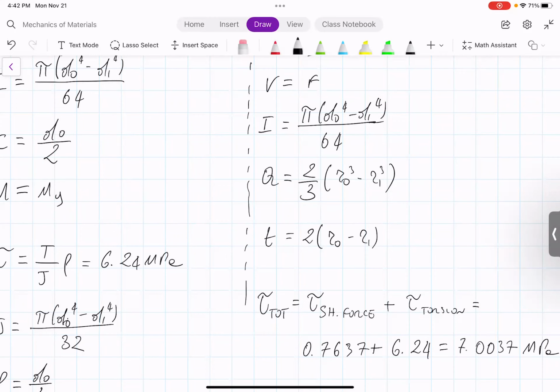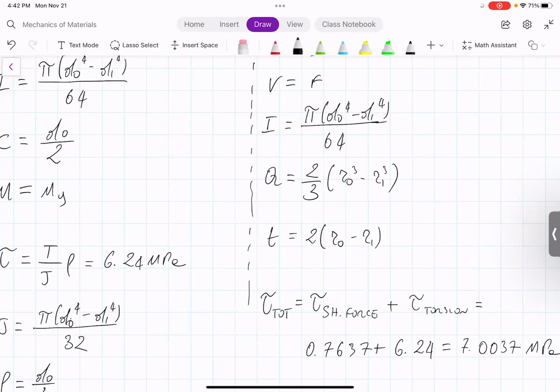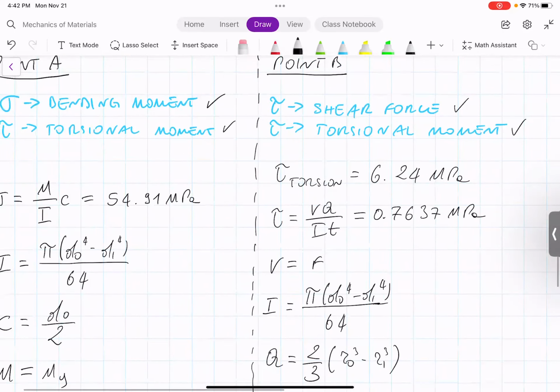And this is the shear stress due to, again, shear force and torsional moment.